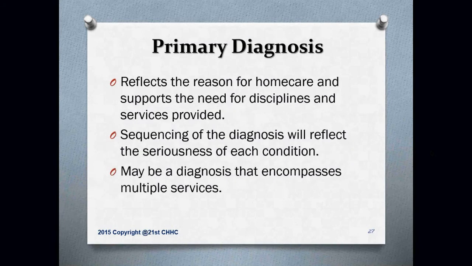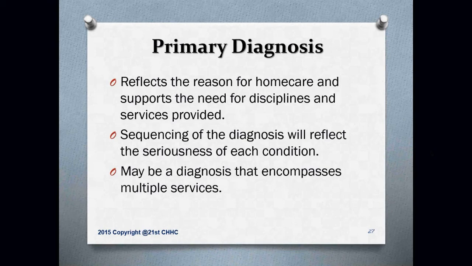As far as primary diagnosis, the surveyor will want to see that it reflects the main reason why you're in there providing home care, and that you have diagnoses that support the different disciplines that are in there. So if you've got therapy in there, there should be some type of diagnosis that would support physical, occupational, or speech therapy, in addition to your nursing services. Sequencing those diagnoses will reflect the seriousness of each condition.